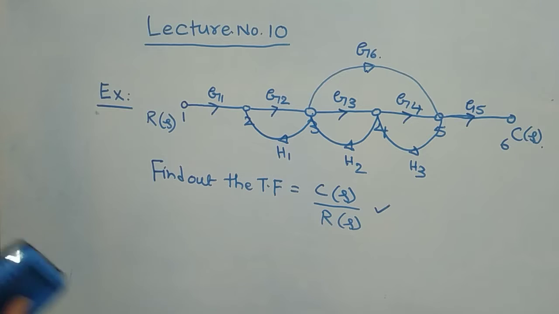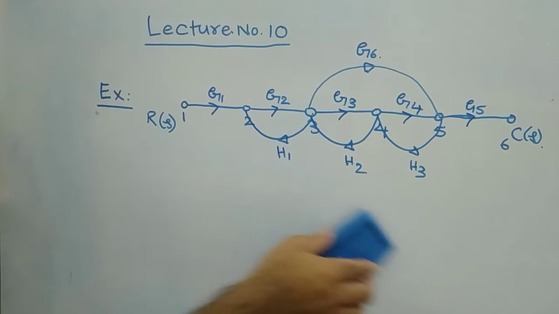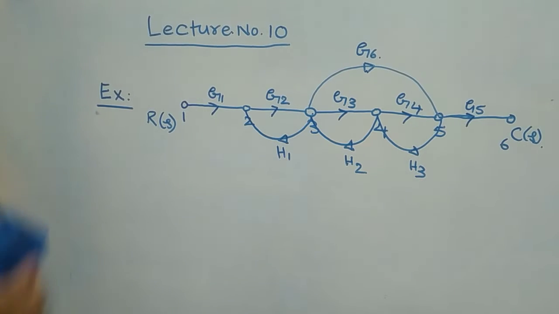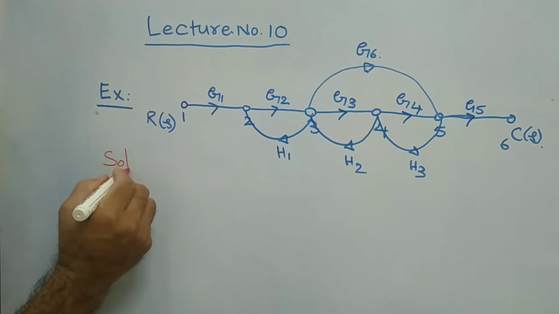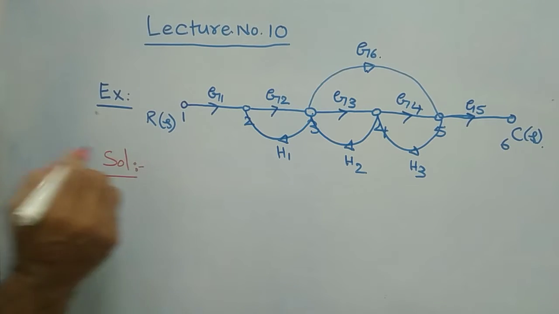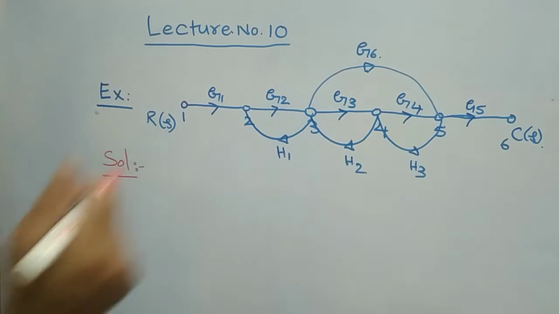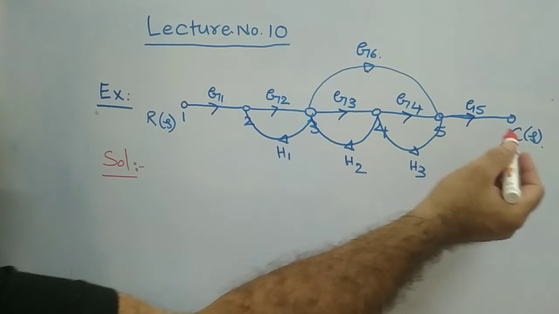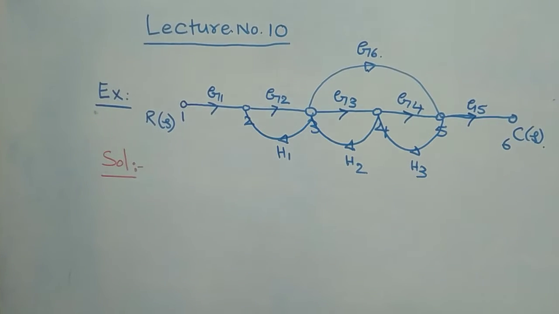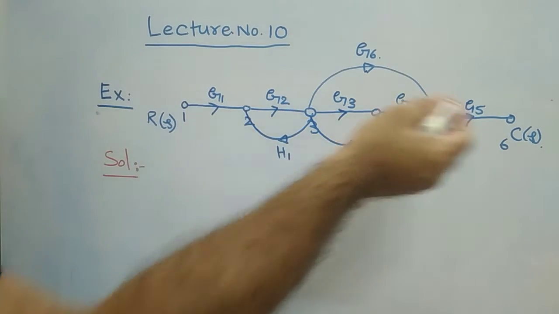Now I will go to the solution. This is the given signal flow graph, this is your input R of S, and this is your output C of S, and here different gains are given.